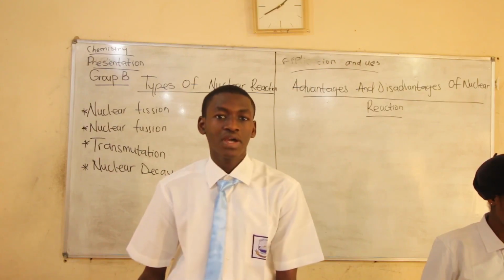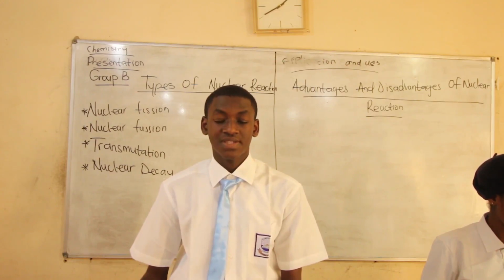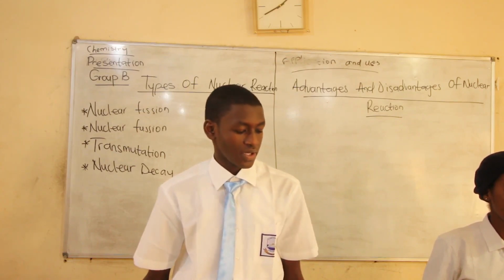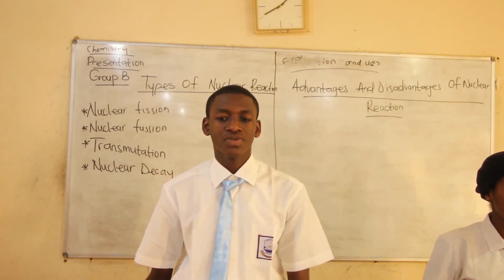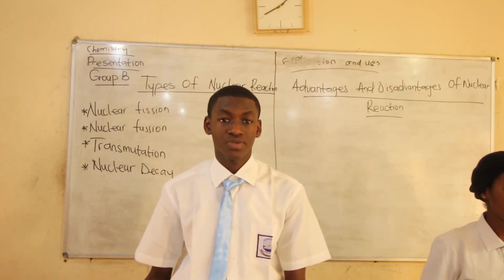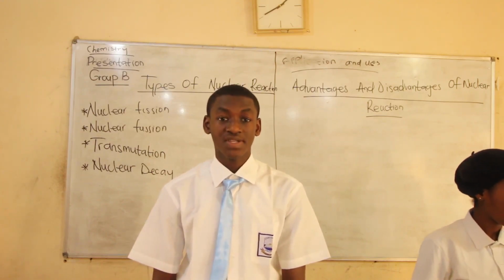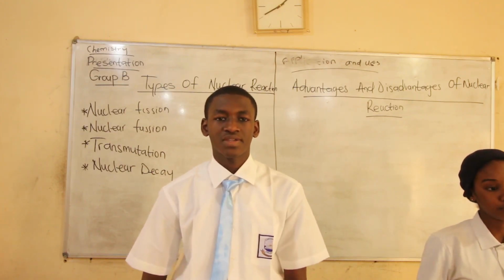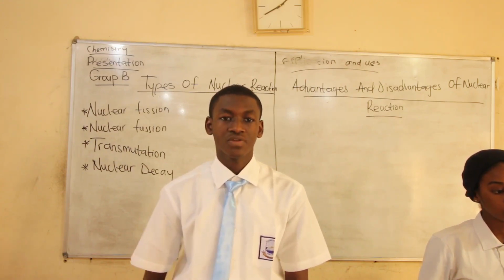The nuclear powered source is cleaner than the fossil fuel. The fossil fuel is dirtier than the nuclear power source. And the nuclear power source has high power output, and it has one of the lowest carbon emissions in the process of generating power.